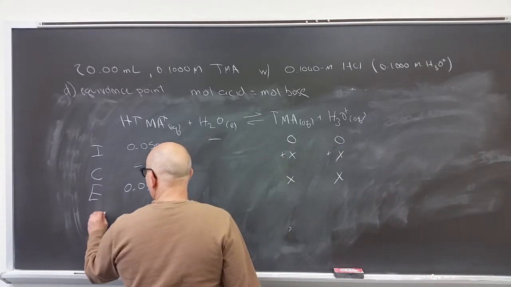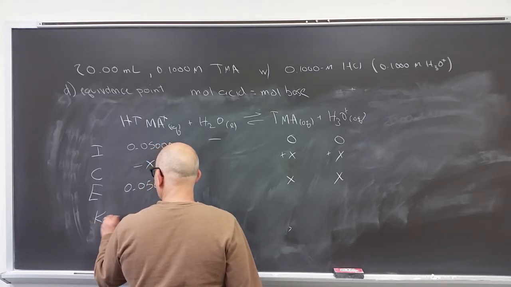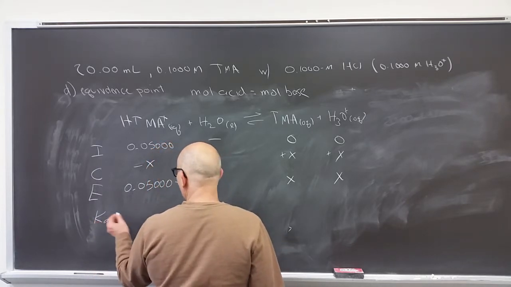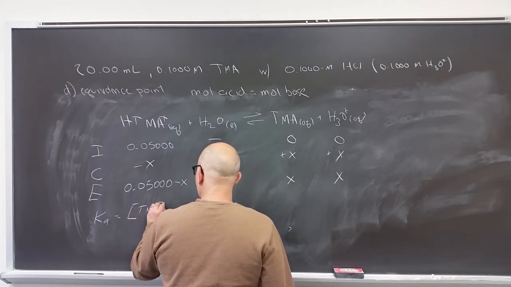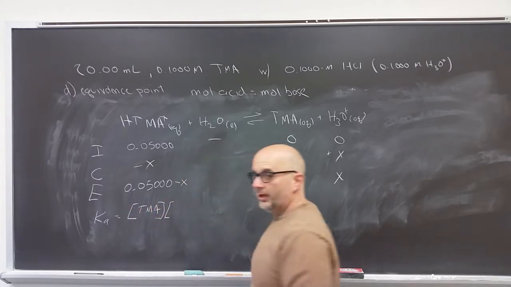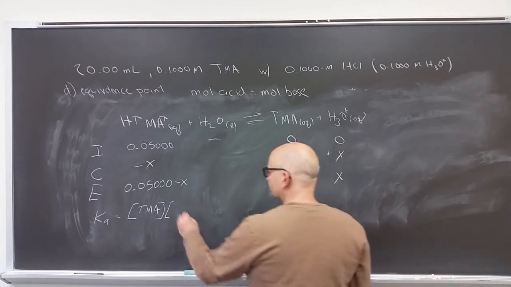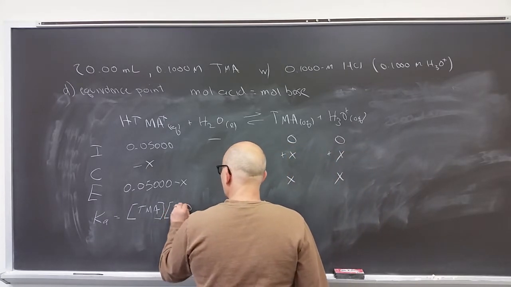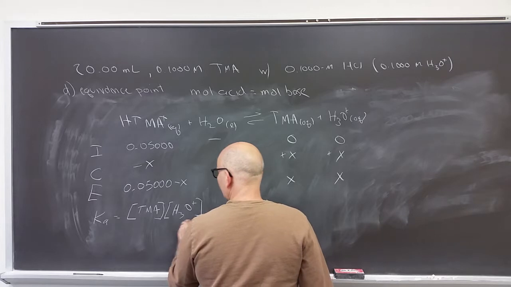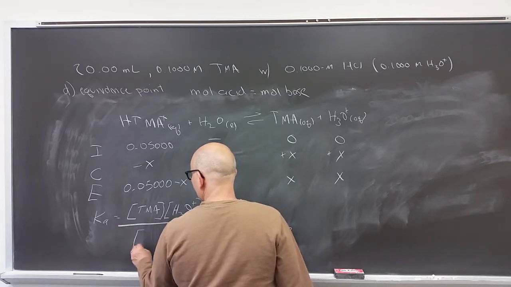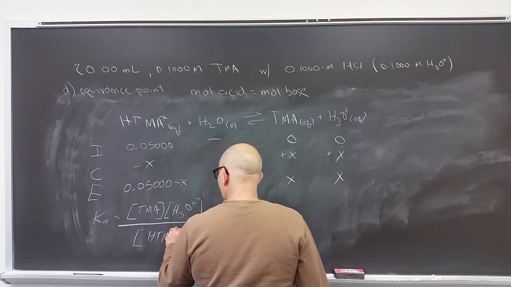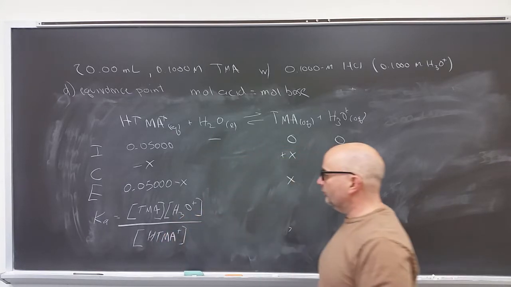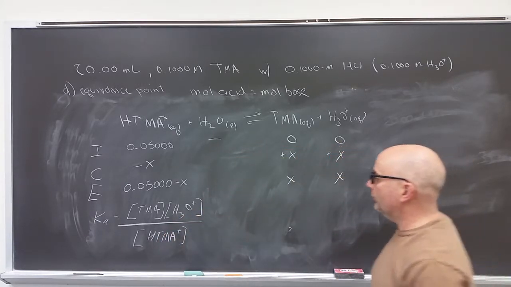So this is the Ka equilibrium for trimethylammonium. It's going to be equal to the concentration of the conjugate base, the trimethylamine, times the hydronium concentration, divided by the weak acid concentration, which is the trimethylammonium.